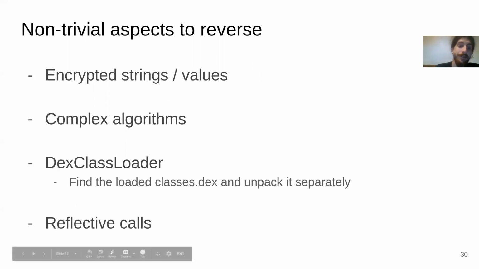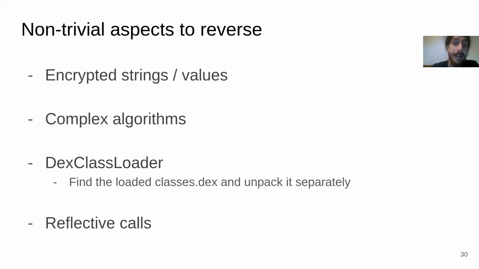Because, for example, reflective code, well, you can put a log on which method you are trying to invoke, and the arguments are going to be there. Okay? Encrypted strings, great. At some point, the strings should be used in the code. So if you put a log where this string is used, you're going to see the clear string there. Because if the app is supposed to use it in clear, you're going to see it in clear. There is no way that you can still use the encrypted one. Okay?